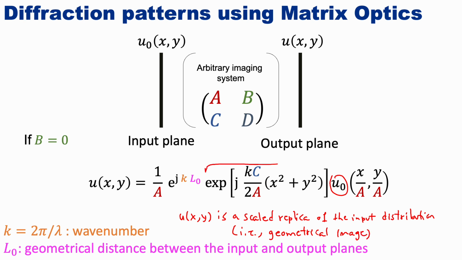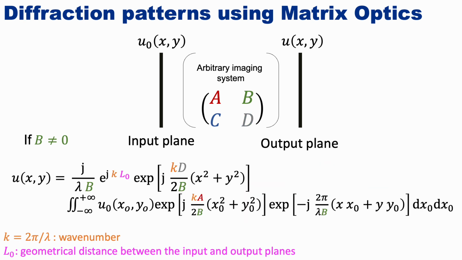This factor right here is gonna be a spherical waveform illuminated with a converging or diverging, but when we are getting intensity, this is gonna go away.